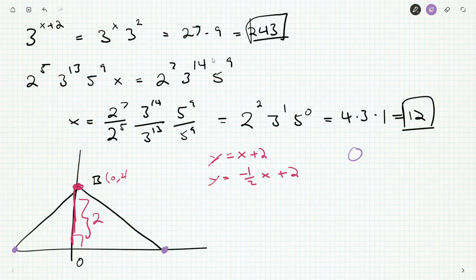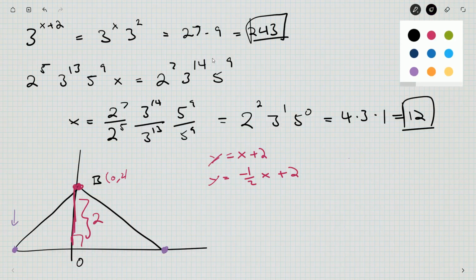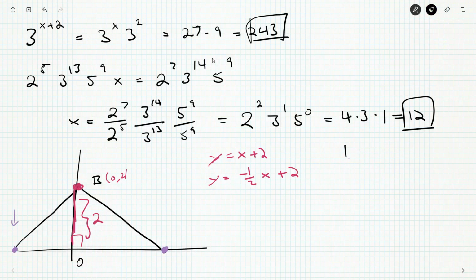So for our first equation, that is this point over here, 0 equals x plus 2. What's the x-coordinate got to be? And you'll get x is negative 2 here. Okay. Just going to write a little bit, just because it's a written question, I should probably write a bit more. B is the y-intercept.